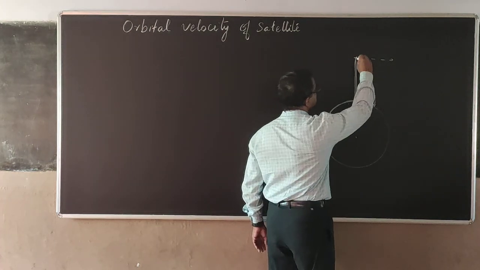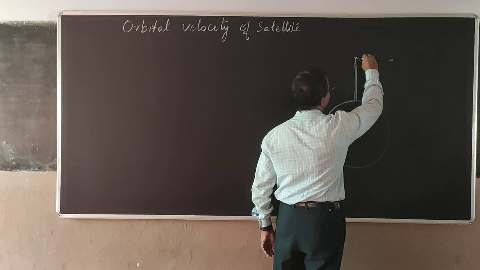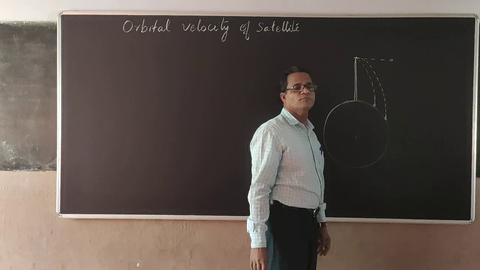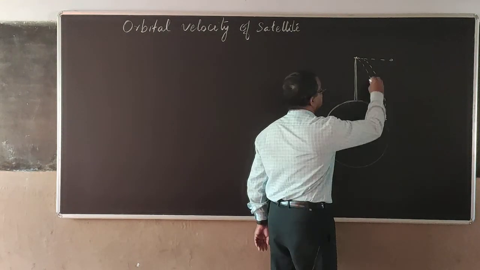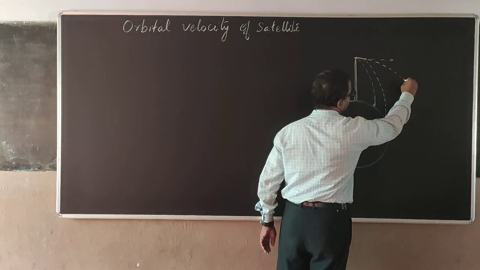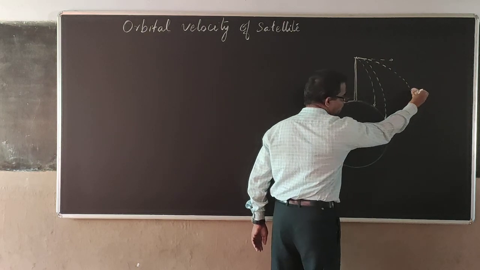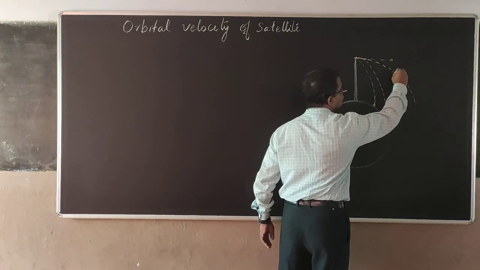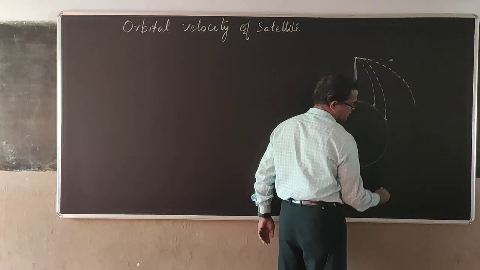Now suppose I increase the speed of the throw. Even if I increase the speed, what I find is the object is trying to fall towards Earth due to the attraction of Earth. You see it is starting to bend towards Earth.